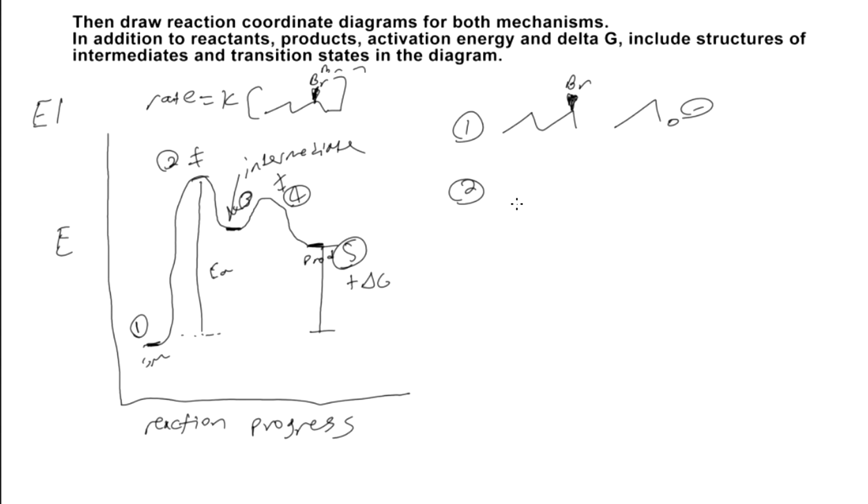At the first transition state, we're going to have something a little bit different, but honestly pretty much the same, which is just going to be this bromine's bond breaking and leaving. As that happens, we're then going to form our intermediate, which is going to be the carbocation with the positive charge here. And once we hit our fourth transition state, this is where things change a little bit.